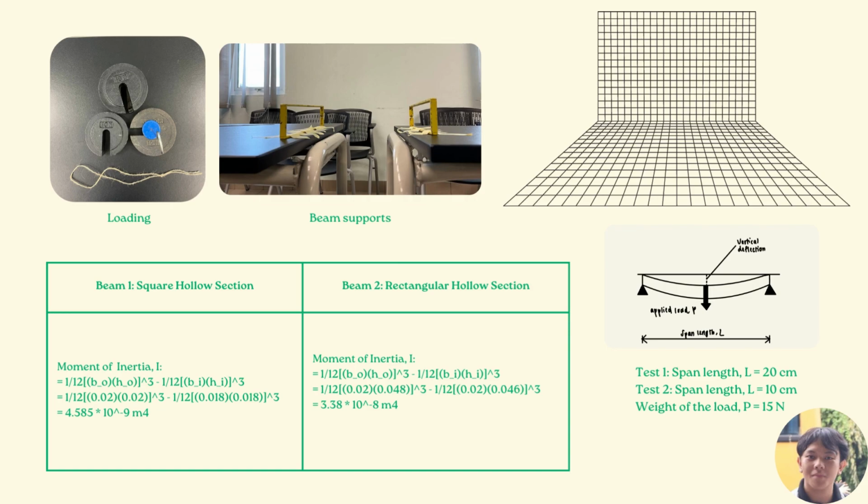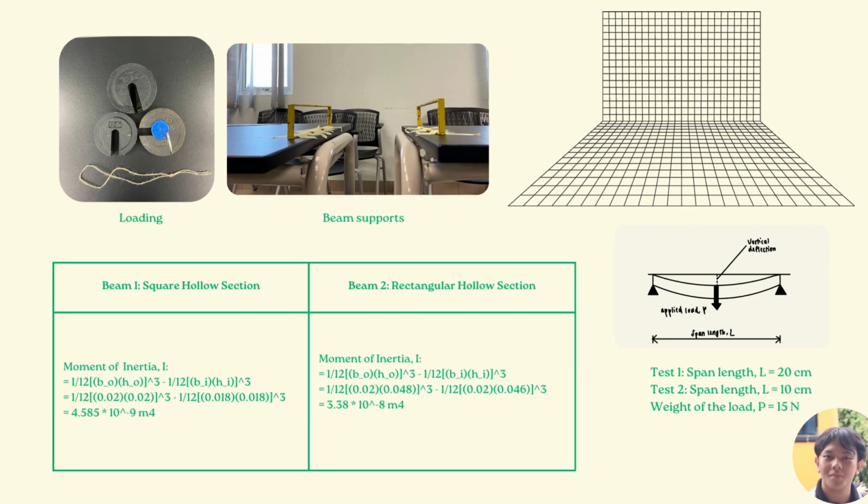For our first beam, the moment of inertia is 4.585 times 10 to the power of negative 9 meter to the fourth. The moment of inertia for our second beam is 3.38 times 10 to the power of negative 8 meter to the fourth. We conducted 2 tests with 2 different span lengths, which are 20 cm and 10 cm. And the weight of the load is 15 Newton.